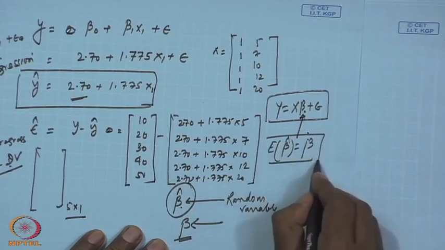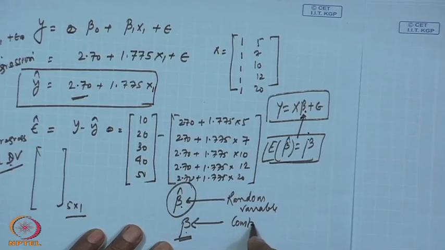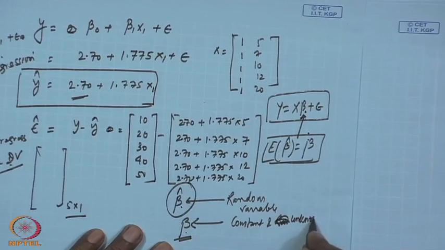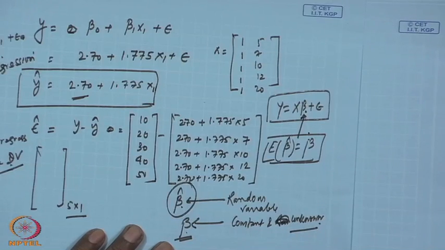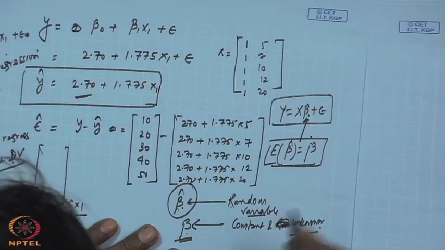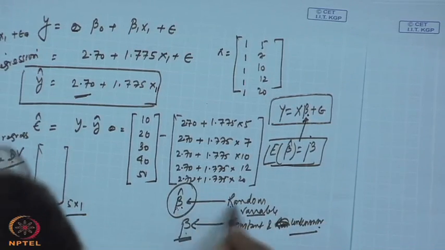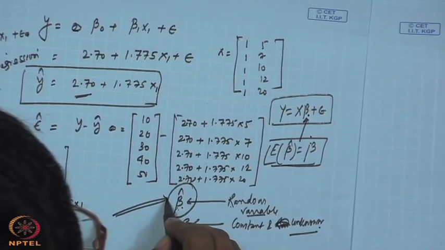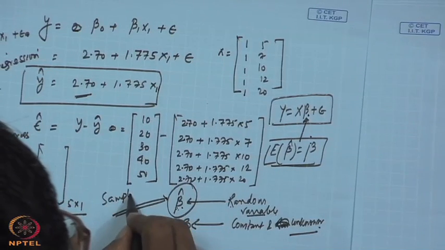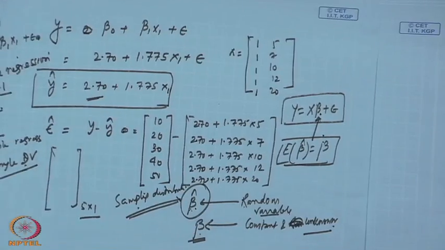This is the unbiased estimation. Fine. So beta is constant and unknown, and beta cap is a random variable, but it is known now. When you are collecting data, you are getting this value. So, we will go for the sampling distribution of beta cap. Okay. Next class.